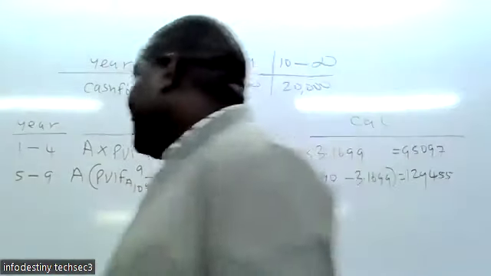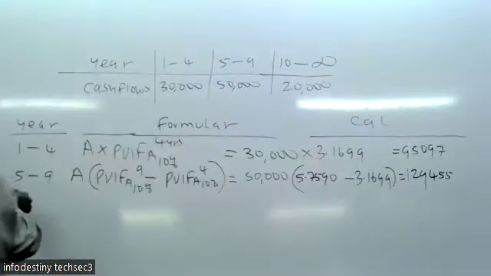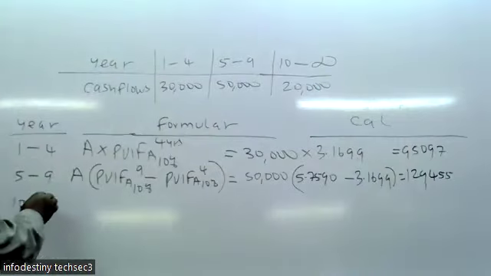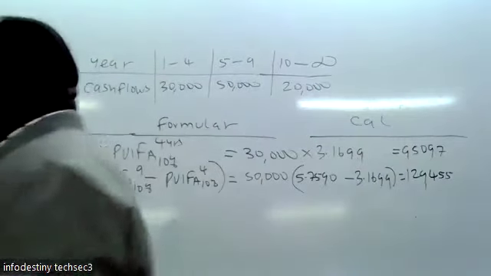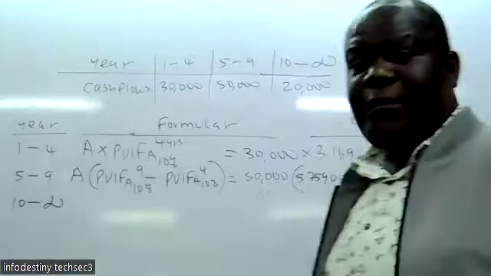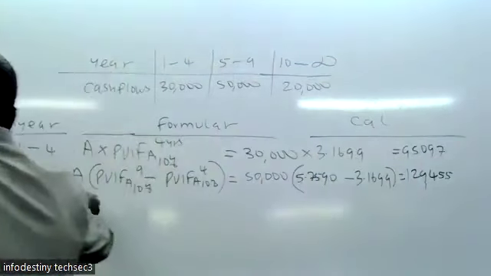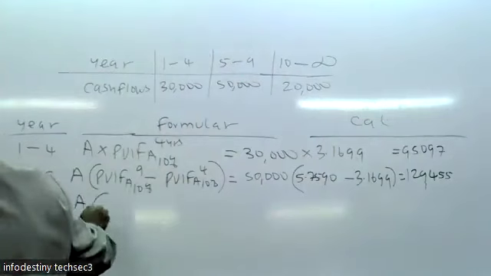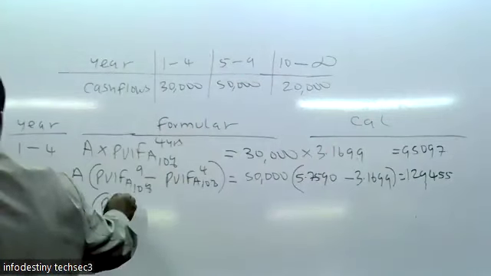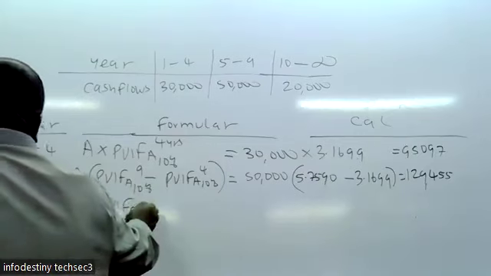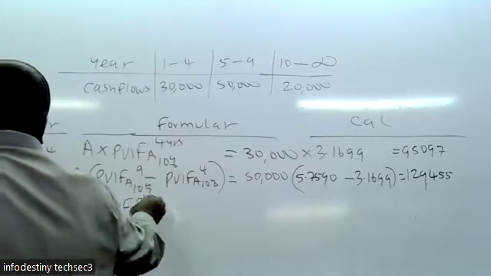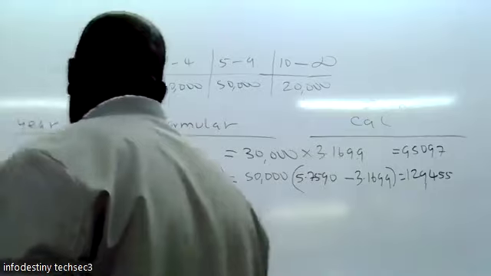Then the last one is from year 10 up to infinity. So this will be annuity. Then present value interest factor for the annuity at 10% up to infinity.